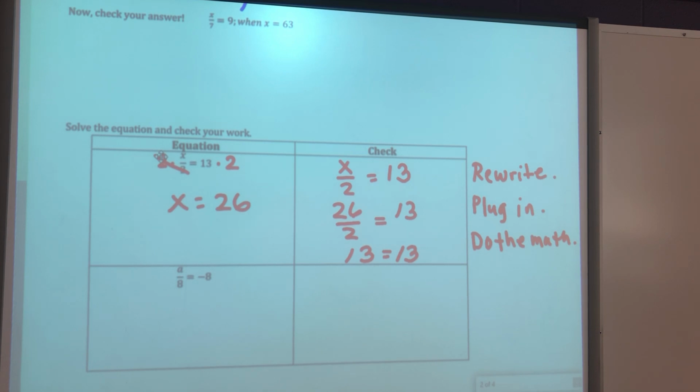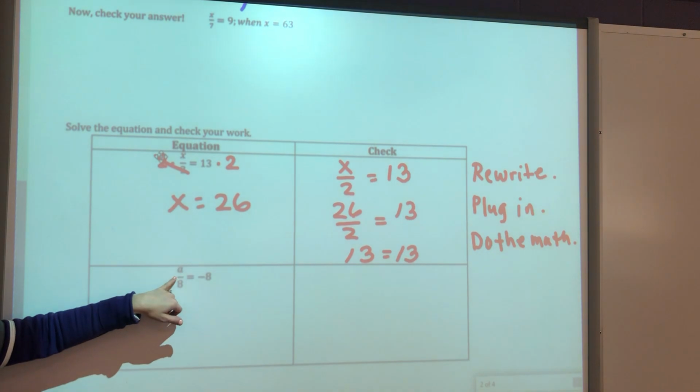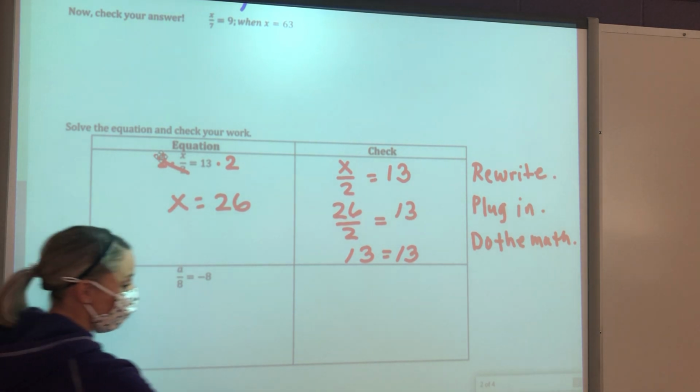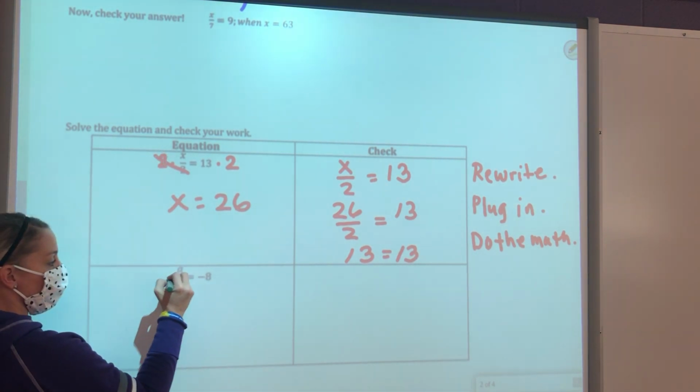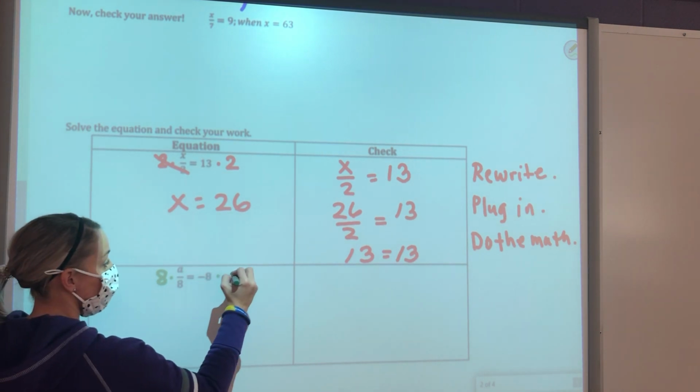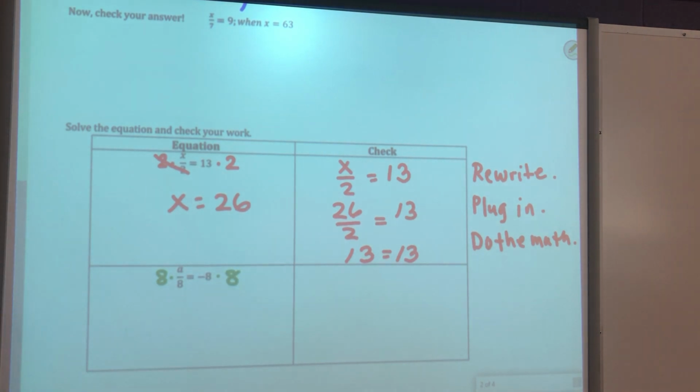Okay, so let's look at the next one. a divided by 8 equals negative 8. So a is being divided by 8. What's the inverse of dividing by 8? Multiplying by 8. So I'm going to multiply this side by 8 and this side by 8.